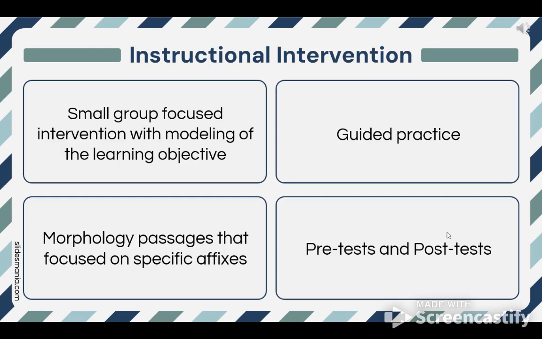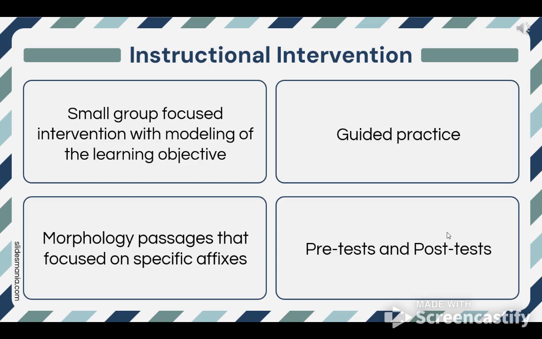With guided practice, students were given morphology passages that focused on specific affixes. For the first week, we focused on a prefix, and for the second week, we focused on a suffix. And with some of the modeling, I also included some other common prefixes and suffixes that students might see throughout the passages or just in their everyday reading.